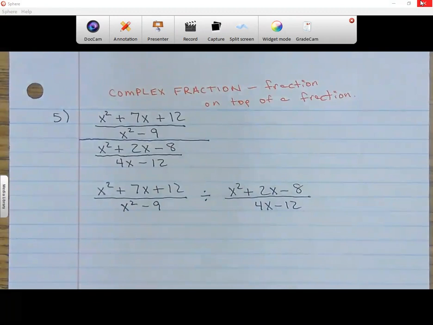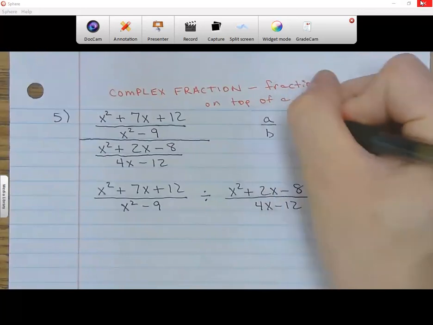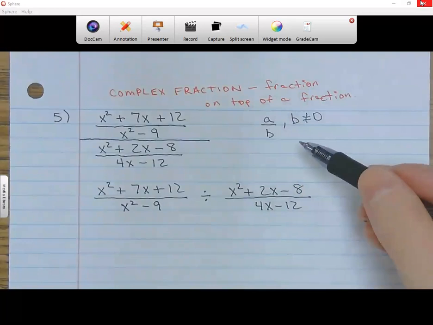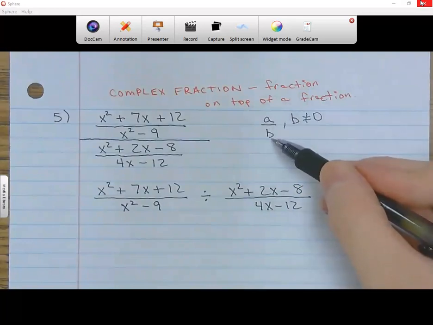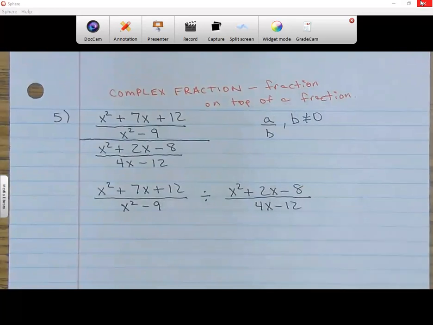Okay, and this makes sense because when you think about a over b, where b cannot be equal to 0, what we're really doing is dividing a by b, right? So we have the top divided by the bottom. Now I'm going to start factoring and I'm going to start flipping, because when we're dividing, we always have to flip that second fraction.